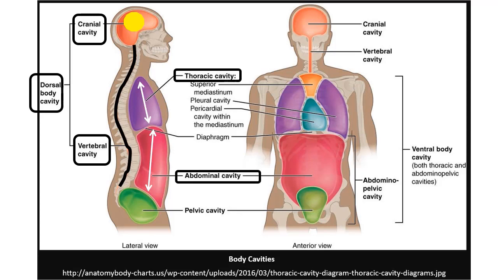And then we have the abdominal cavity where you find most of the organs of the gastrointestinal tract, and the diaphragm separates the thoracic from the abdominal cavity. Lastly, at the bottom of the abdominal cavity there is the pelvic cavity. The pelvic cavity is continuous with the abdominal cavity.